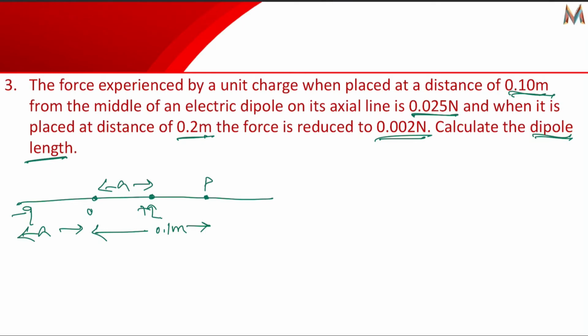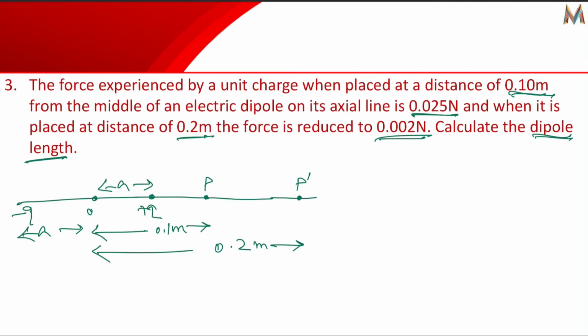Let another point be P dash, which is at a distance of 0.2 meter from the center. Now we have to calculate the dipole length. This is the situation given.